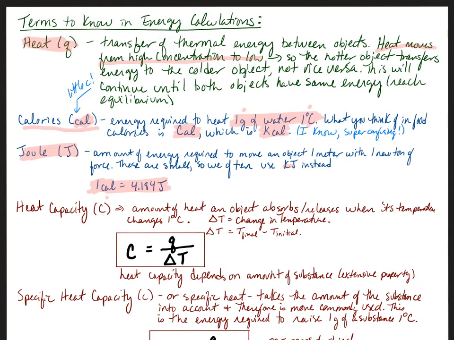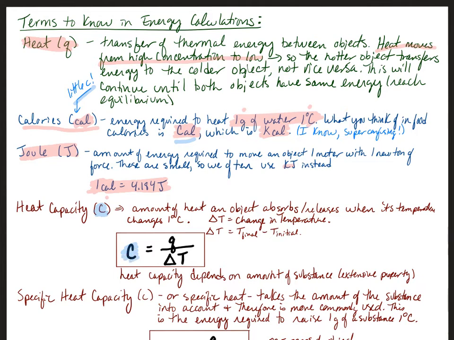Next, we have something called heat capacity. Now, realize that this is a big C, and calories is cal with a little c, or we have Calories over here with a big C. I don't know why we put all these different things with the same abbreviation, but it is what it is, okay? And this is going to define heat capacity.